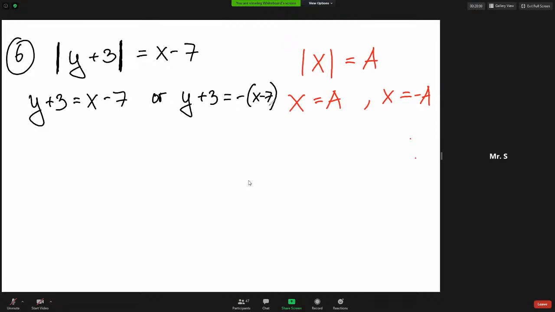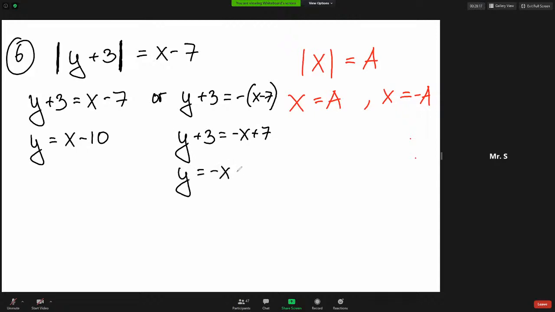So there's two equations, and the result, if we solve for y, on one of them is y equals x minus 10, and on the other one, we would have to distribute that negative sign, move the 3 over. The result is, again, two different equations.